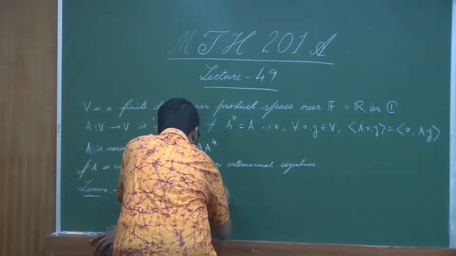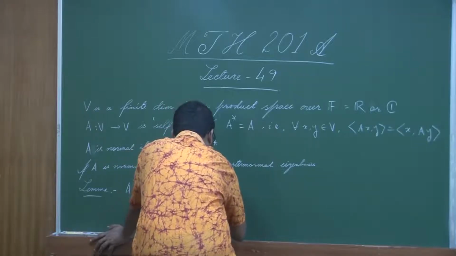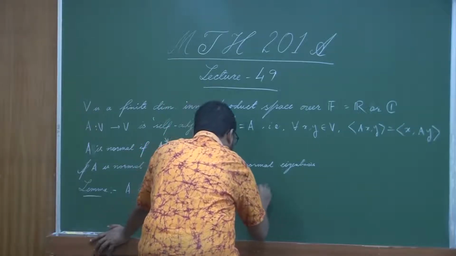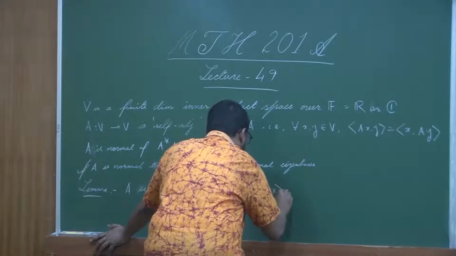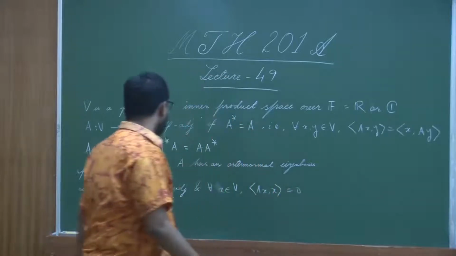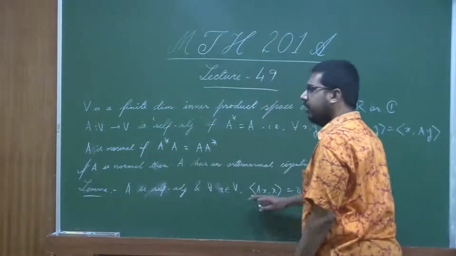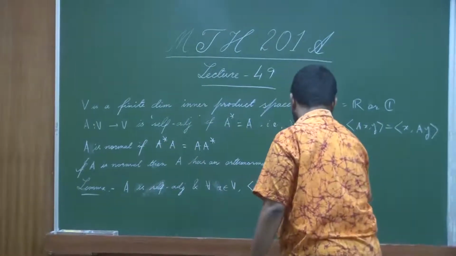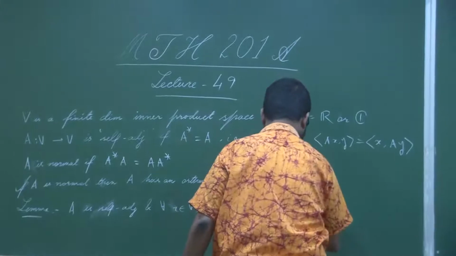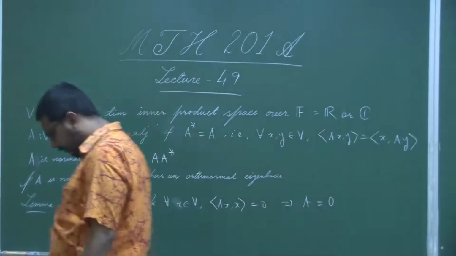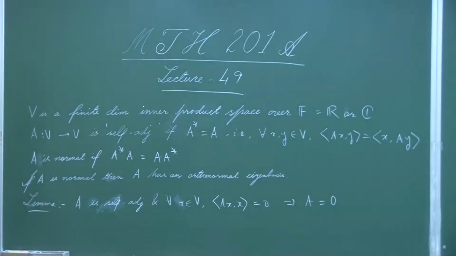And suppose for every x in V, the inner product of Ax with x is 0. If so happens, if for a self adjoint map we have this, then the map is itself 0. That is not quite difficult to see.